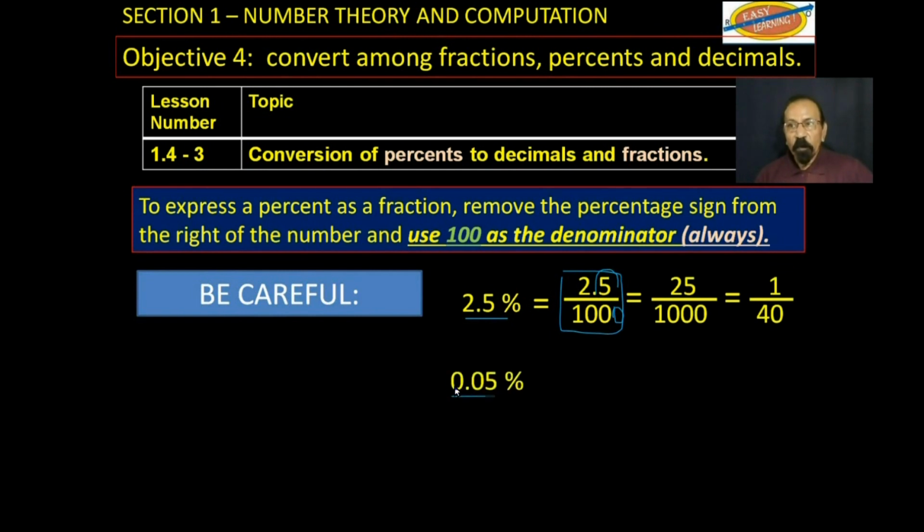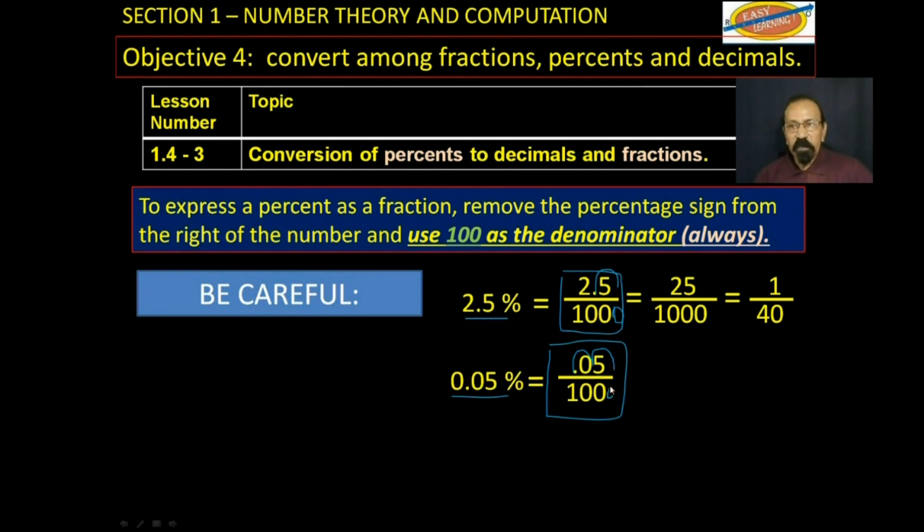If you have 0.05%, you rewrite that as 0.05 over 100, because percent means out of 100. This is now a fraction. If we want to reduce that, we make it into a whole number by moving the decimal point 2 places to the right.